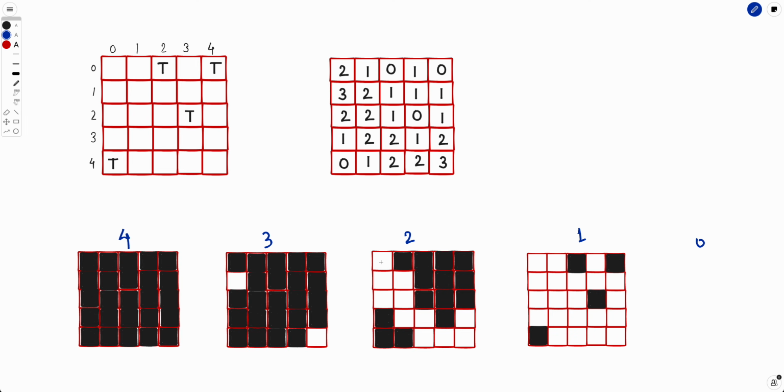We need to find out whether there is a path from 0 comma 0 to n minus 1 comma n minus 1, right? So in other words, if you look at it closely, what's happening is, in each iteration we are merging some of the white cells. So initially there were these two sets, then we merged everything here, right?